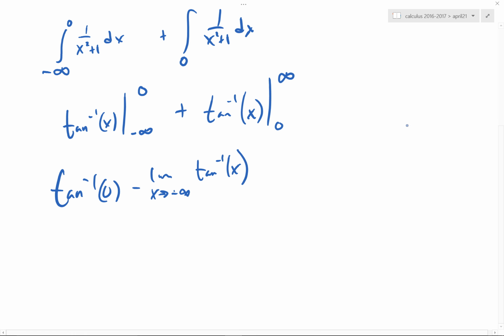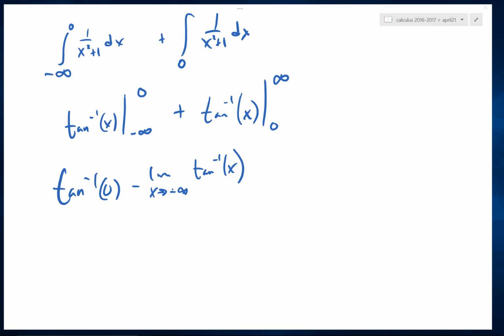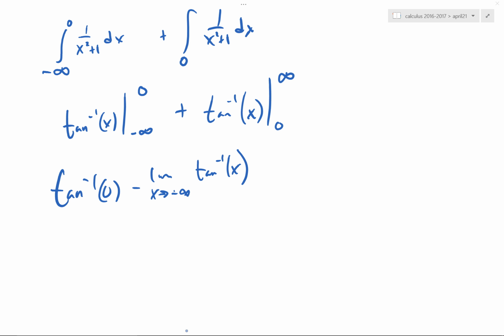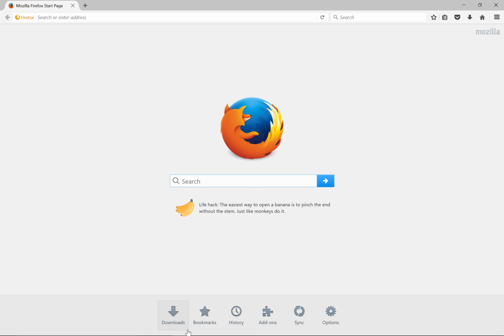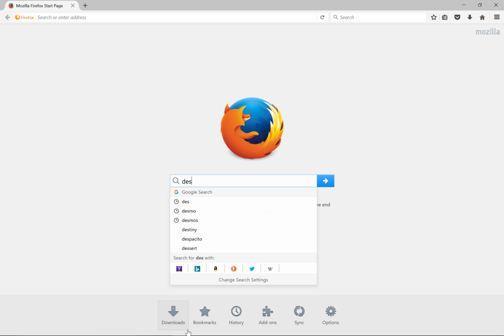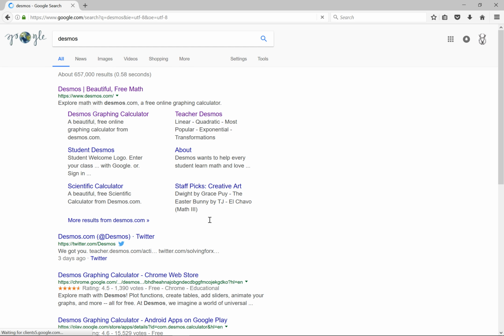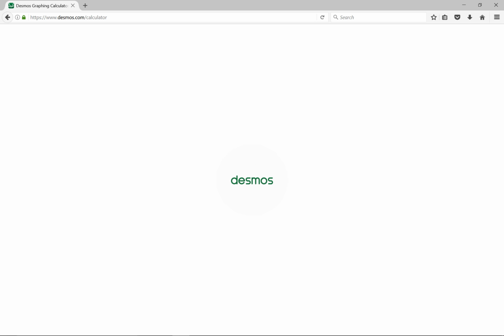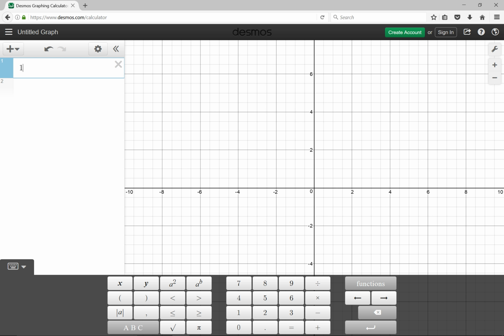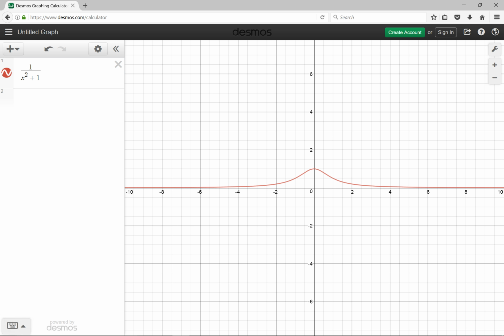Arctangent, I don't know what it looks like. Let's go ask the great Googly Moogly. Oh, Desmos, where art thou? Say, what's happening as you head towards infinity?